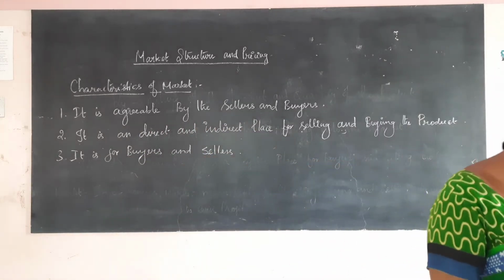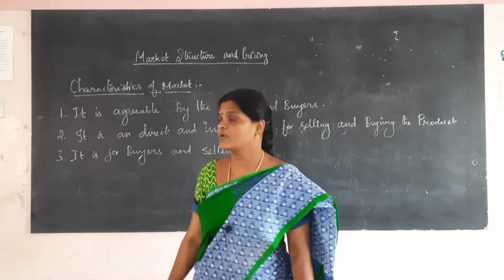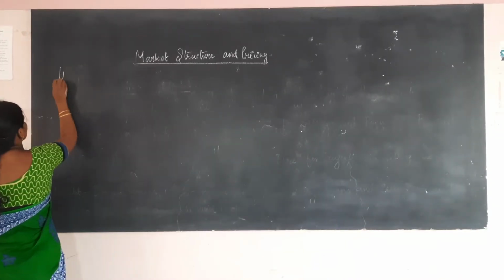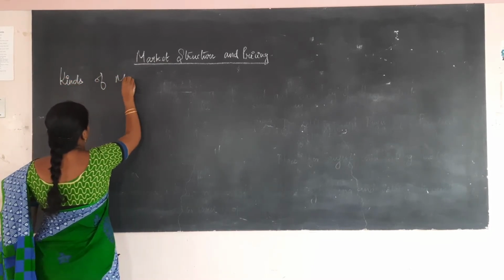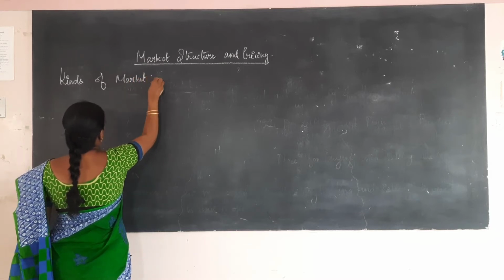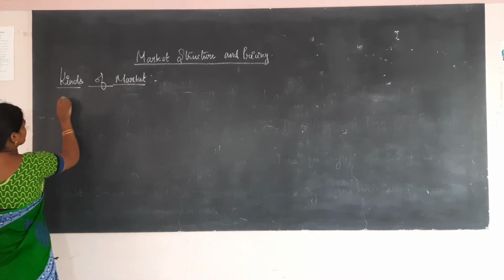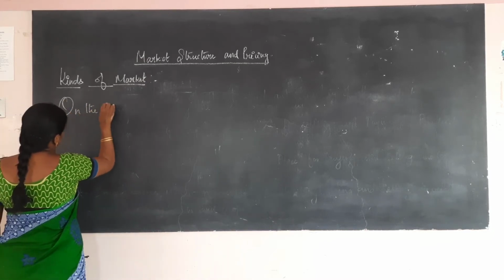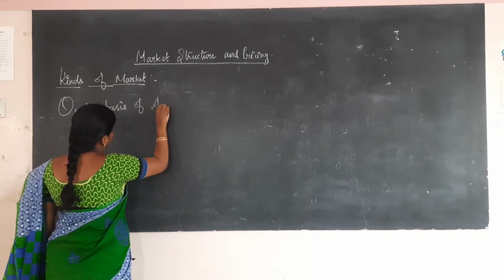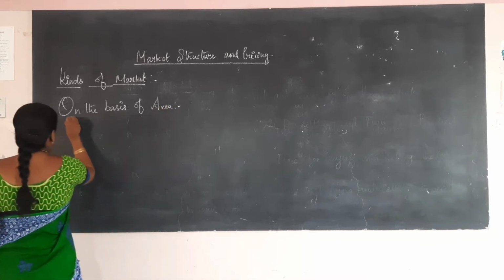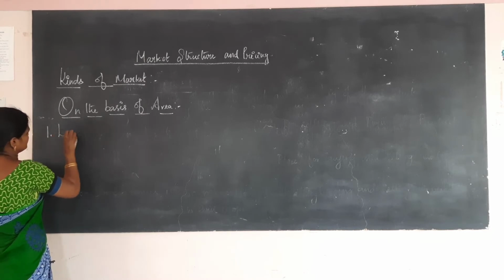Next one is kinds of market. First one, local market.